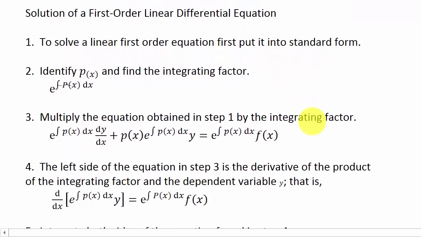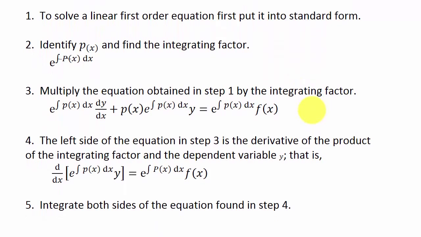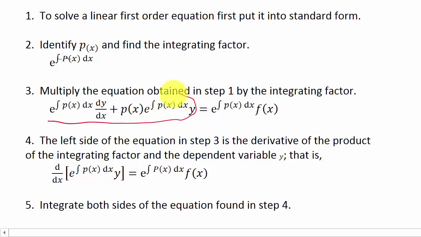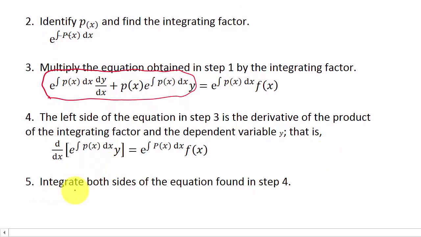The left side of the equation in this step is the derivative of the product of the integrating factor and the dependent variable y. If we take the derivative of the integrating factor times y, we get this left-hand side. Then we integrate both sides of the equation from step 4.